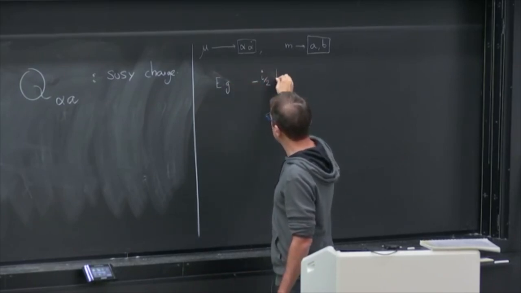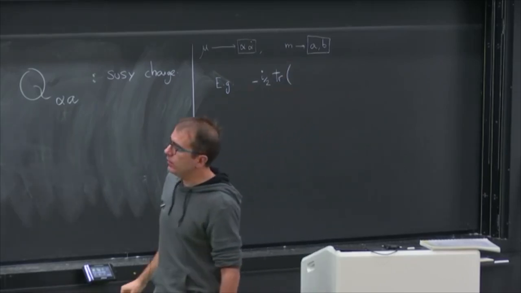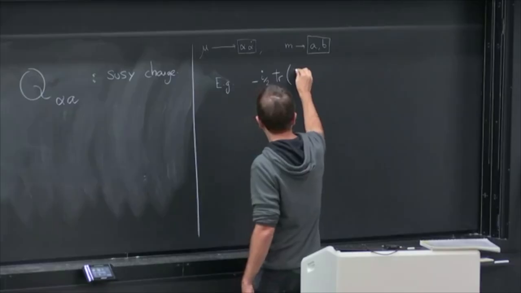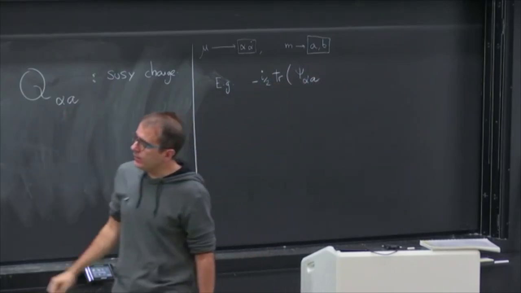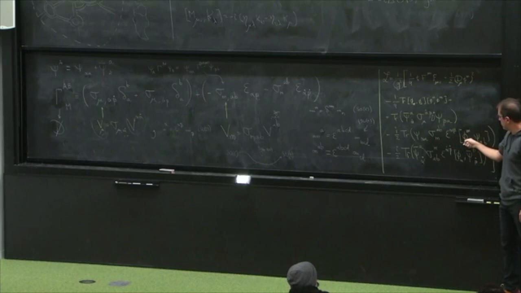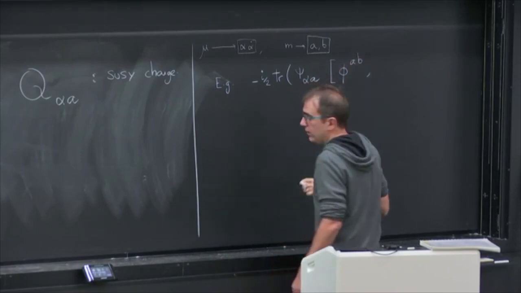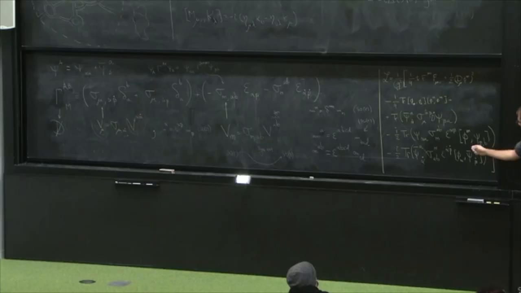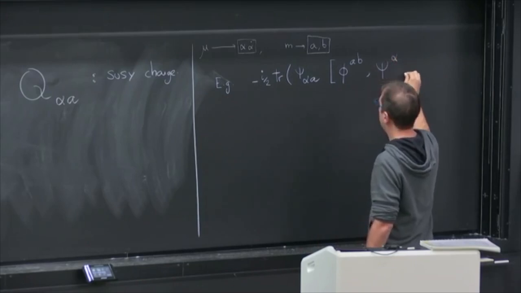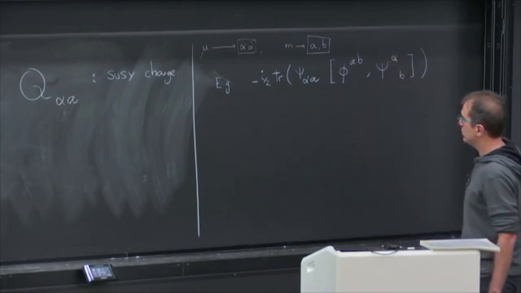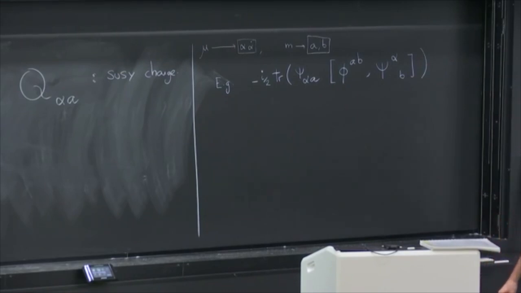It will become minus i over 2, trace, and then look what we have. We have psi alpha A, that's okay. Then the sigma matrix M just transforms the index of phi into phi AB. So I just have the commutator of phi AB. And then the epsilon symbol just raises the index of psi, with psi alpha B. You see, much nicer, much simpler than what is there, right? If I now know how to raise and lower and convert things, I never have sigma stuff anymore.